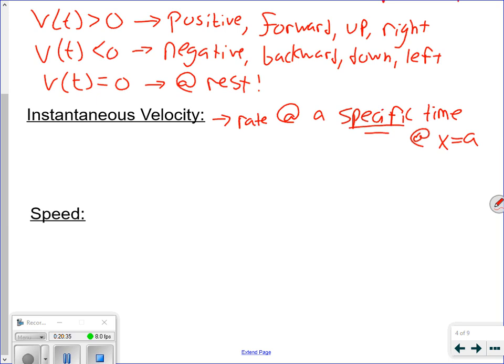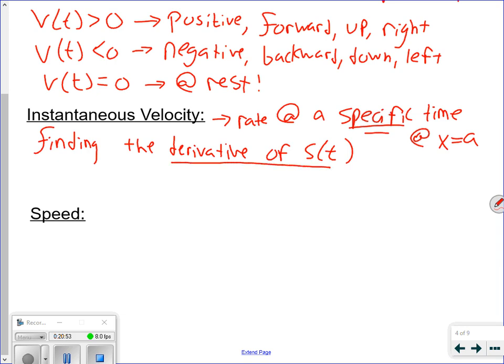You do this by finding the derivative of s of t. And remember that the derivative of s of t is the same thing as saying s prime of t, which is the same thing as velocity.